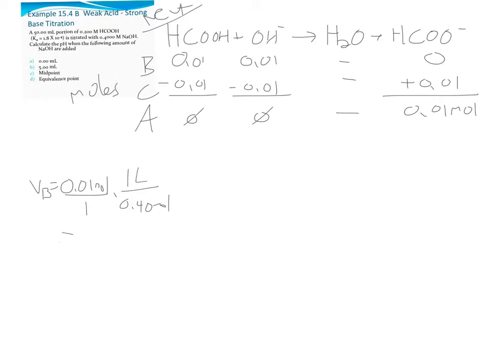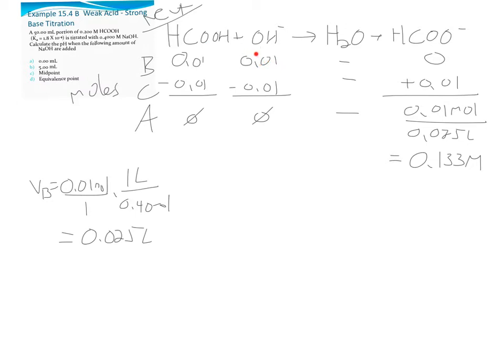So the volume of the base is going to be 25 milliliters, 0.025 liters. So 25 milliliters of base, and we had 50 milliliters of acid. That's going to give us 75 milliliters total. So the formate ion is going to be 0.133 molar.